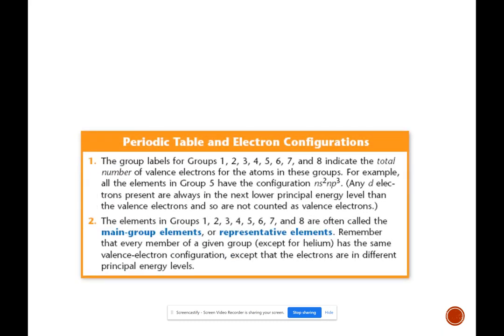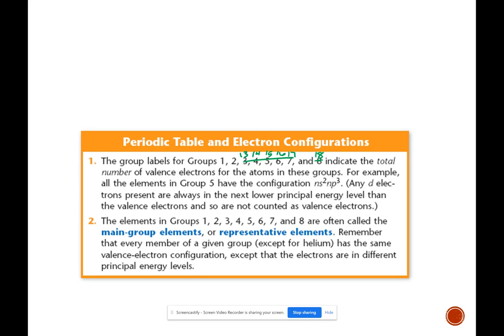There is a pattern to valence electrons because of the way the periodic table is set up and the way that electron configurations work with the periodic table. So the elements in groups 1, 2, and then 13, 14, 15, 16, 17, and 18 are sometimes called main group elements or representative elements.